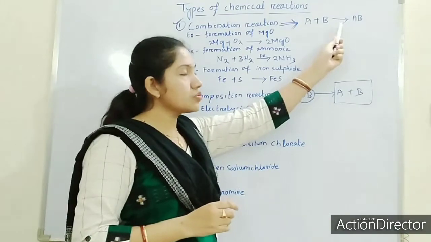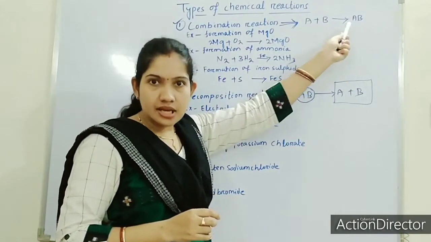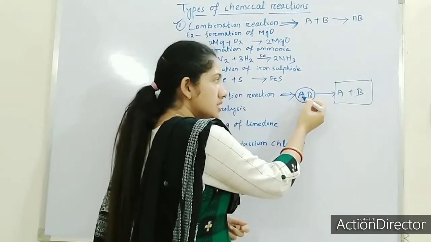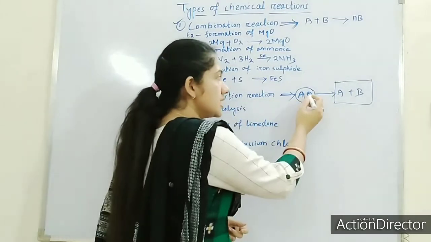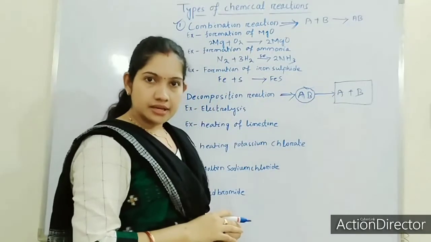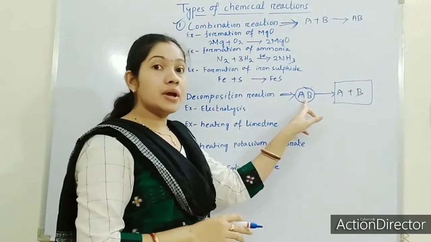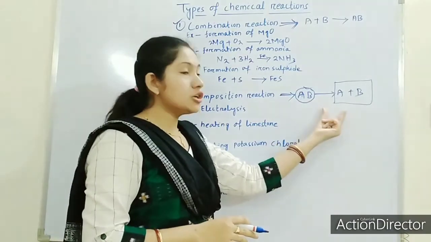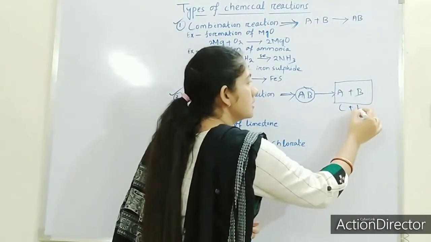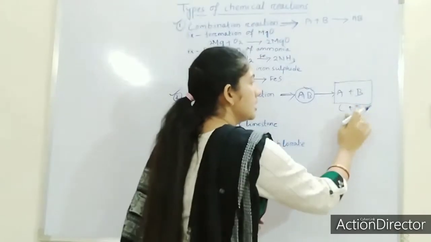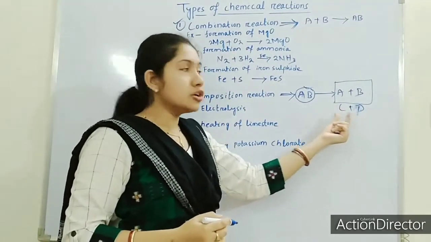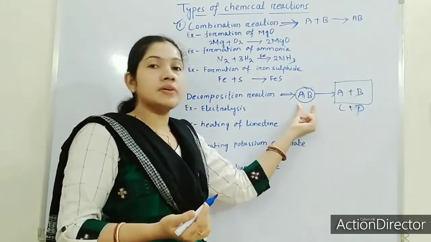That's why the other one is known as the synthesis reaction. But here you can see A, suppose, is an element and B is an element. They combine to form this reactant, and when this reactant splits, it will split to its respective elements only. It will not split to C and D, because C and D are not the constituents of A and B.